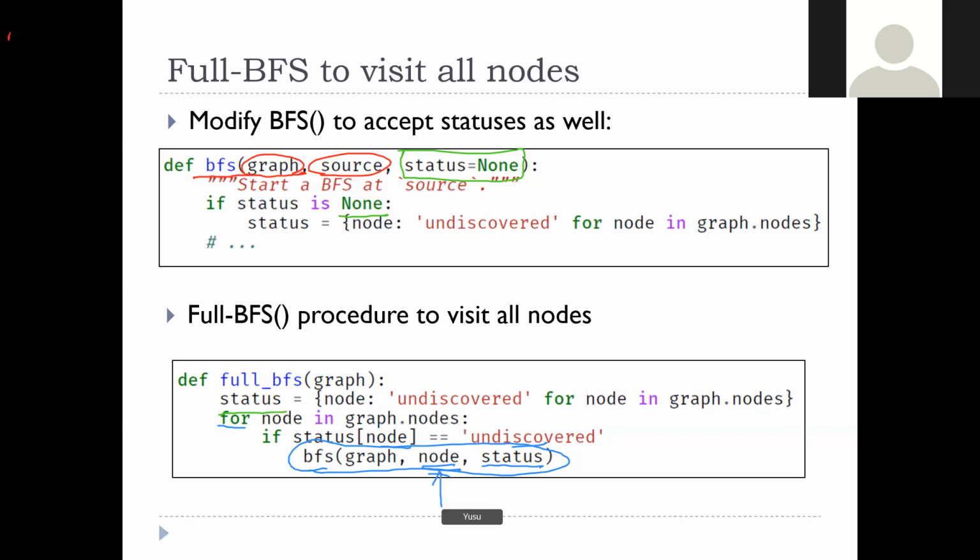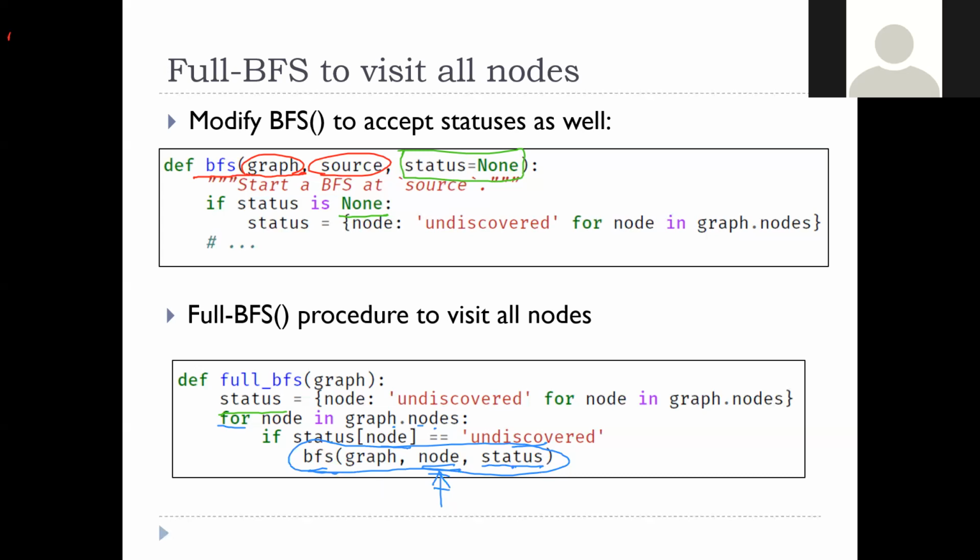When we perform this BFS, many nodes will be changed to visited. Then we continue to go through all the nodes. If any of them are still undiscovered, we will perform the BFS restarted at those undiscovered ones. Again, repeat till we exhaust the list of graph nodes, because when we perform BFS at a node, we definitely change its status to visited.